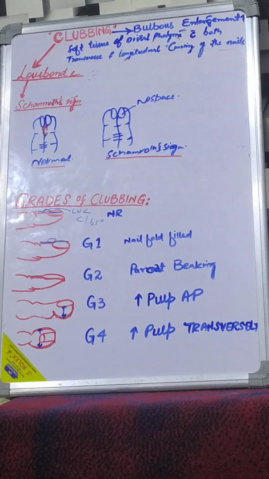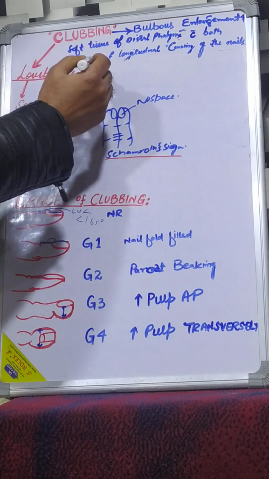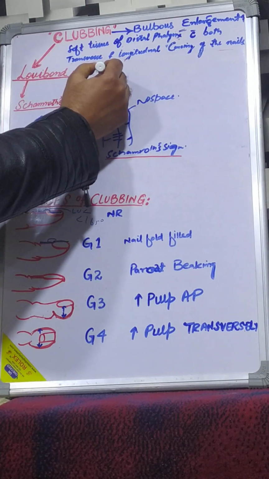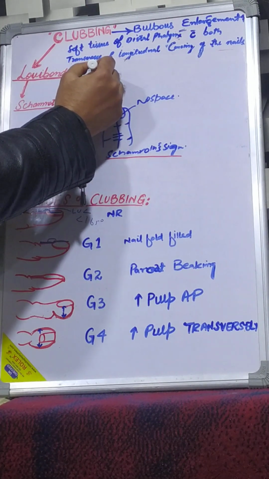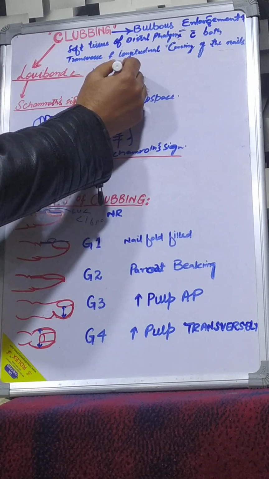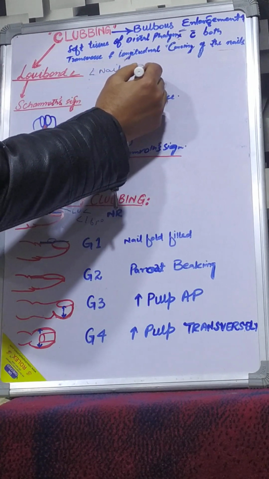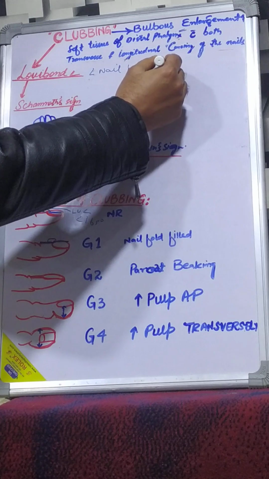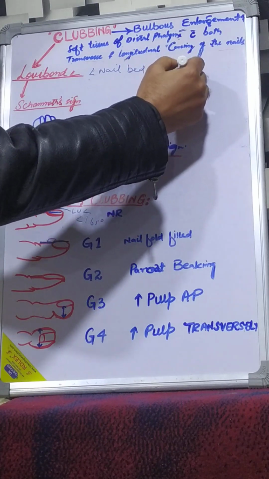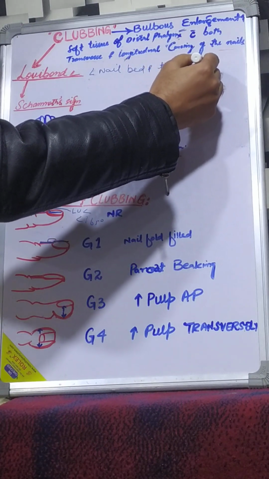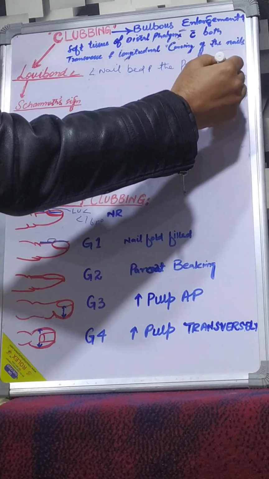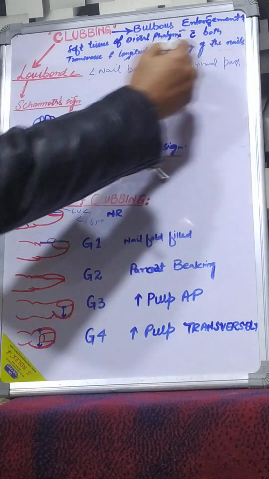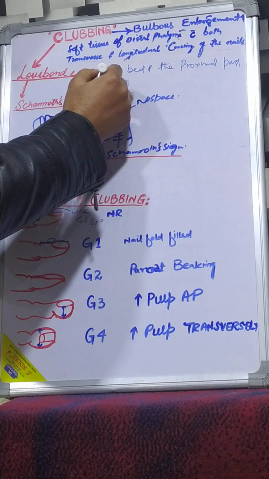What is the Lowy bond angle? It is the angle formed between the nail bed and the proximal part of the distal phalanx.